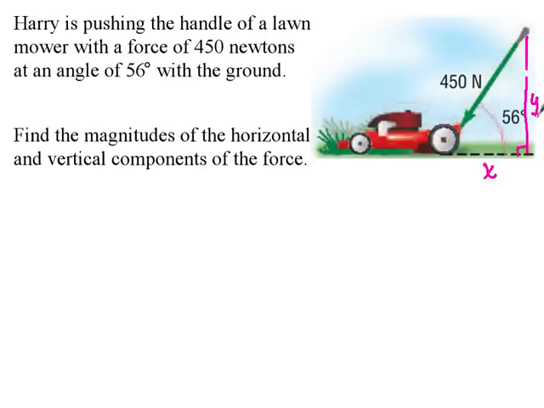Really, when you think about this, we could have studied this when we did our SOHCAHTOA. How do you find x? Cosine 56 equals x over 450.